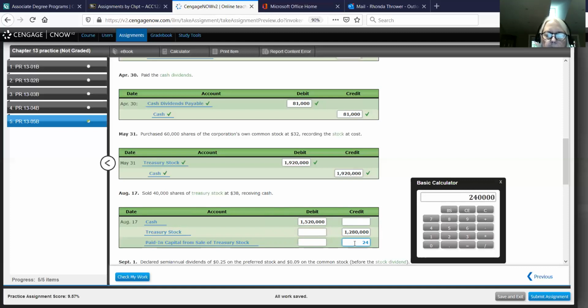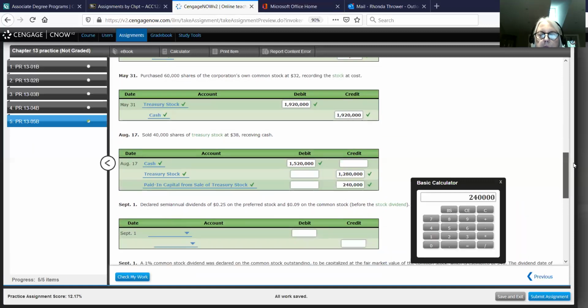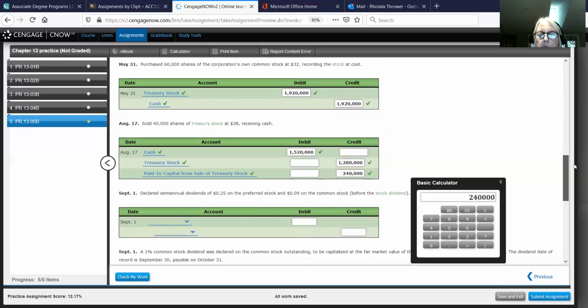That increase has to go on the credit side. You could have also found this amount by taking the difference between these two, which is $6 times 40,000, and it will also give you 240,000. So there's two ways that you can determine the amount.